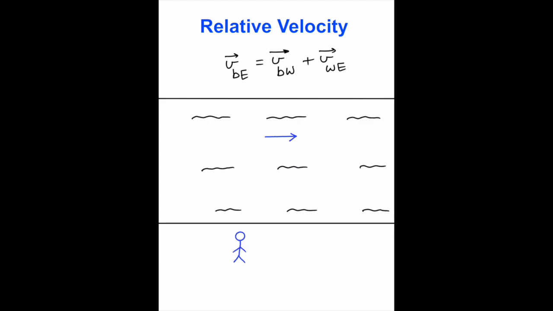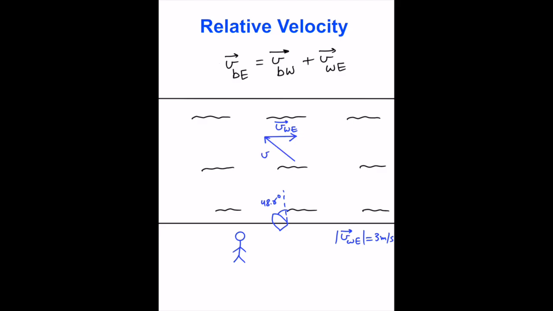So now let's see what happens if we have the same situation where the water is moving relative to Earth in the direction east, where the magnitude of the velocity is 3 meters per second. And now suppose that the boat has an aiming angle of around 48.6 degrees west of north.